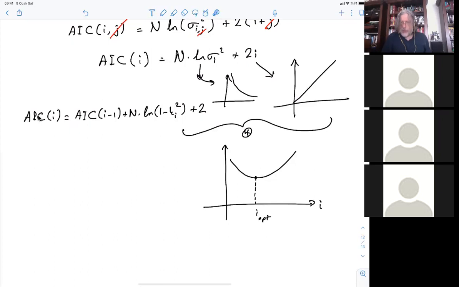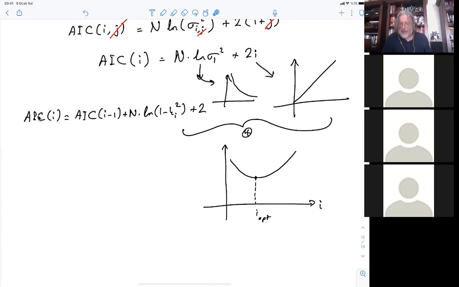And there's a plus 2, so the Akaike information criteria tends to increase because of this 2, but this thing is less than 1, so that's a negative pulling thing. As long as these negative pulling things are stronger, this plus 2 will not affect, and the new Akaike information criteria will be less than the previous one if this is negatively strong enough.